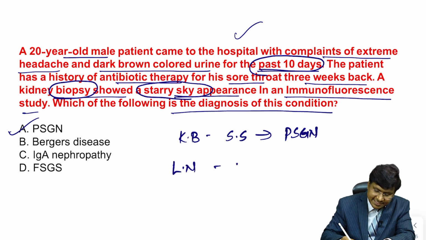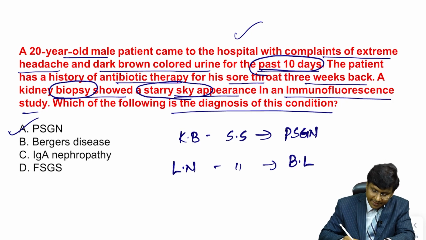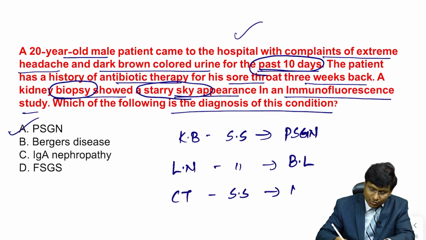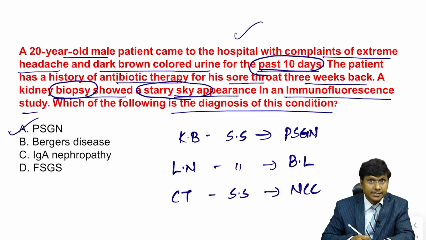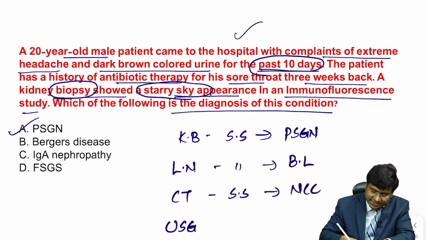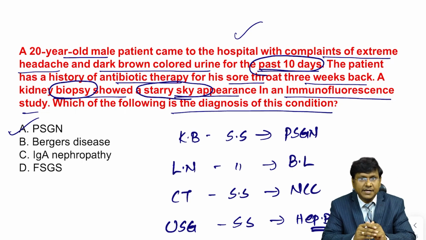Lymph node biopsy showing starry sky appearance is seen in Burkitt's lymphoma. CT brain showing starry sky appearance is observed in neurocysticercosis. And USG abdomen showing starry sky appearance is observed in acute viral hepatitis B infection.